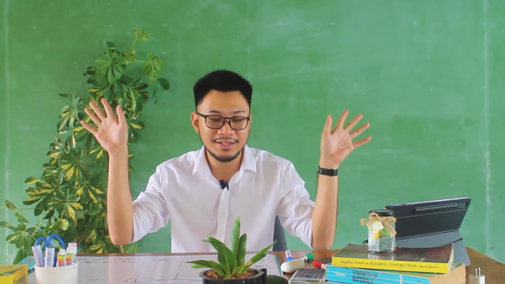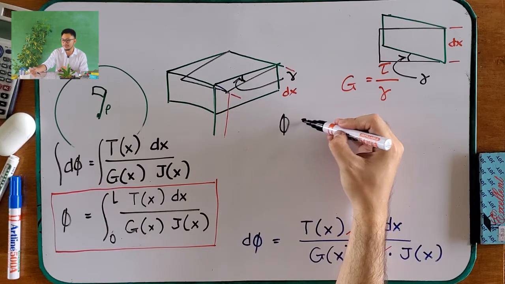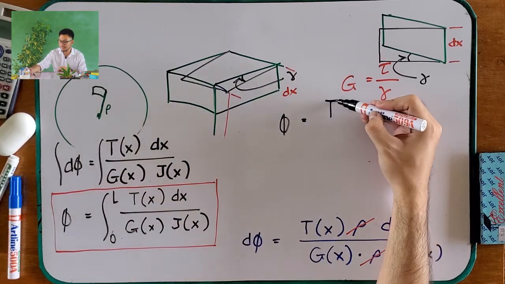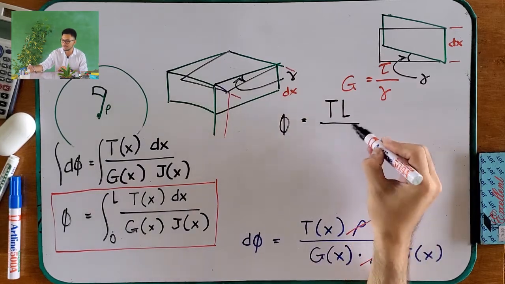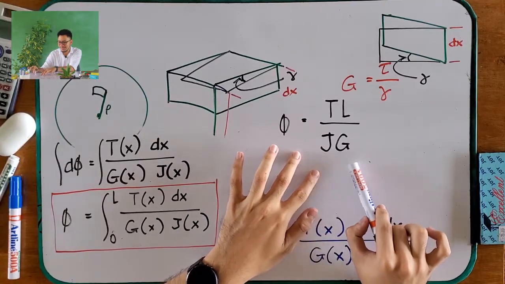Okay, so we can say that your torque also is constant. So we can simplify this equation further para dili na ta mag-integrate kay kapoy man integration, di ba? Okay, so ingani. So therefore daw, the angle of twist of your whole length of your shaft is equal to TL over JG.